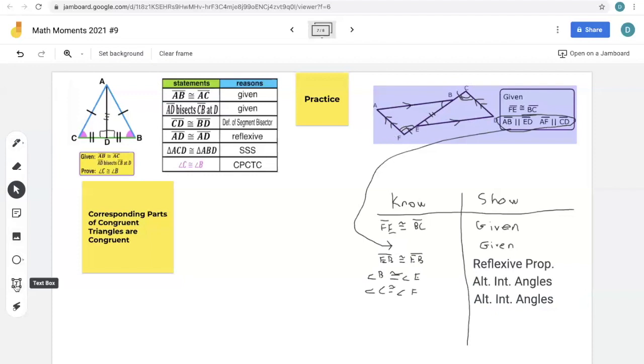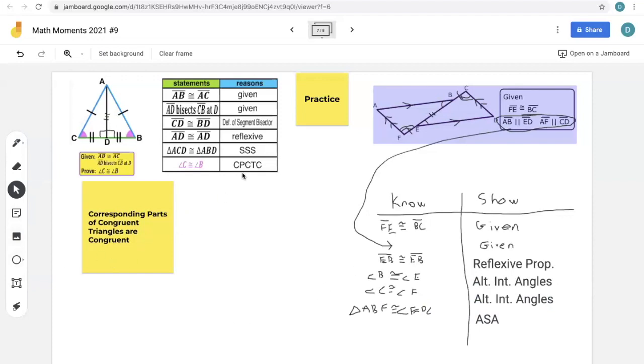So let's see, triangle ABF is congruent to triangle EDC. That's not exactly proper grammar, but we get the idea here, through angle side angle. And the proof is done.